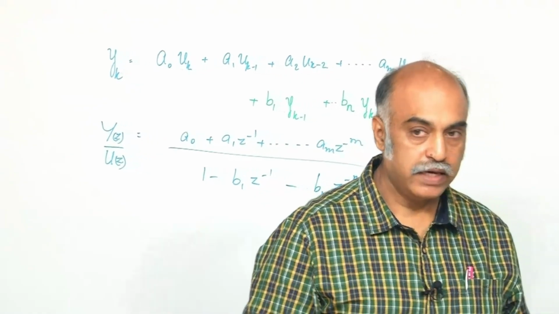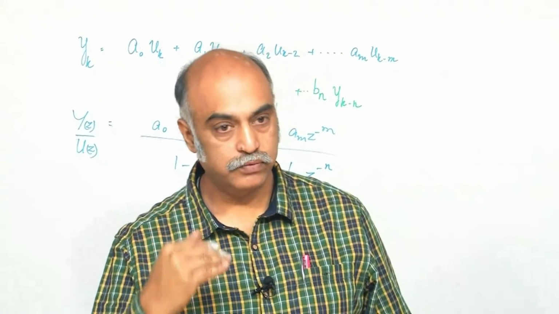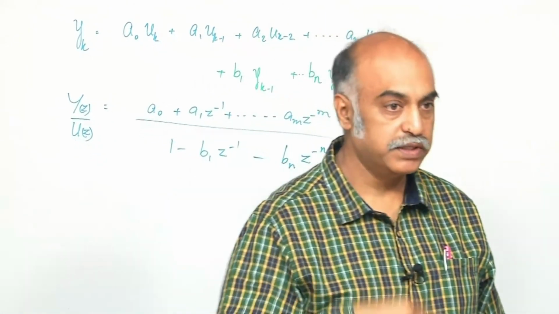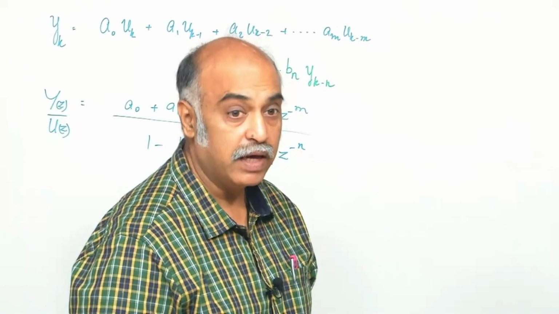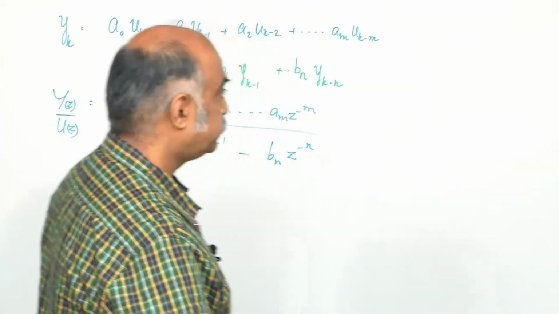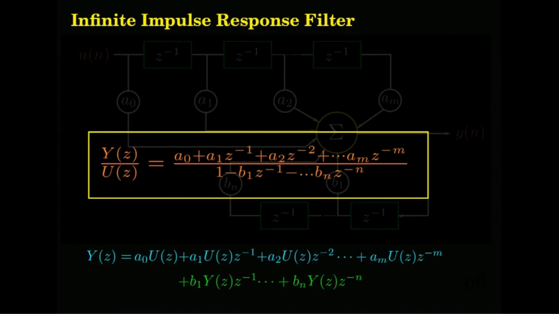In the case of the IIR filter, you have design flexibility for both the zeros and the poles because you can locate them anywhere you want to. That is the important character of the infinite impulse response filter, and therefore you have a much greater degree of freedom. That freedom also comes with problems.